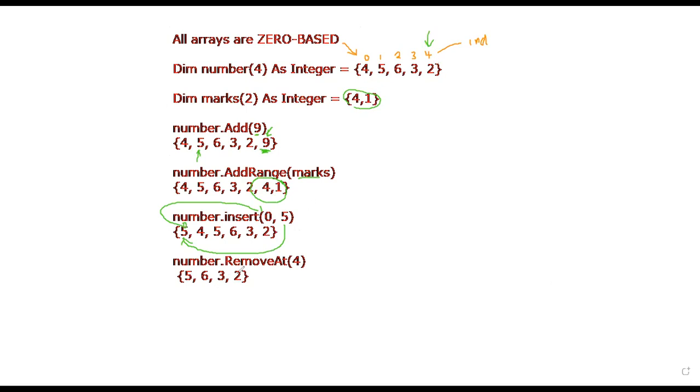The value 2. So we are removing 2 from our list. Then there's remove range. The remove range means that you specify the index and the range you want to remove from, or the number of values you want to remove from that range.